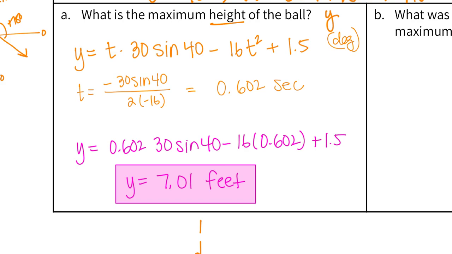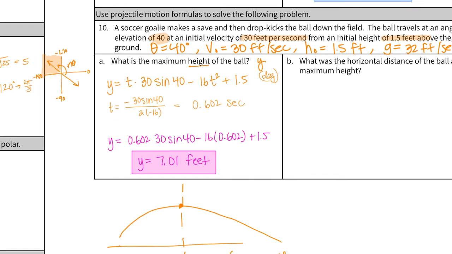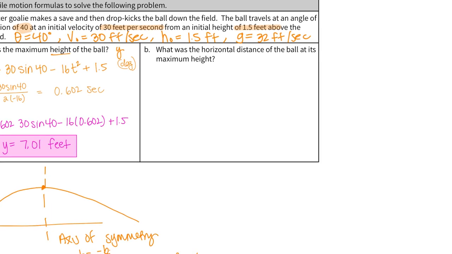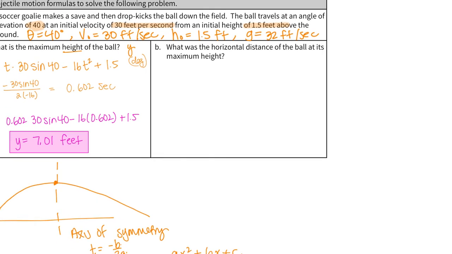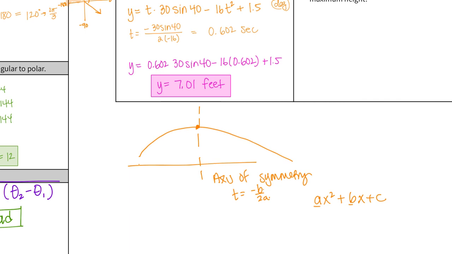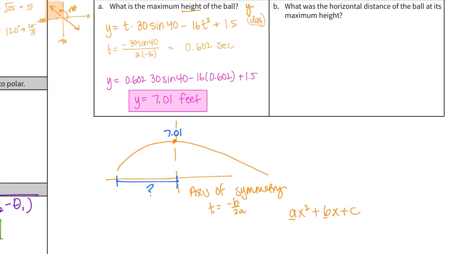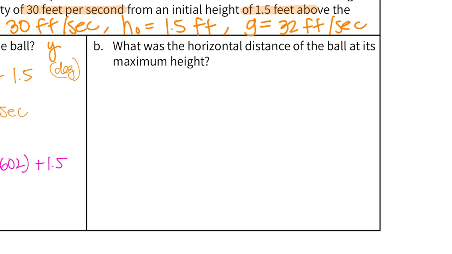Okay, so now the next question. What is the horizontal distance of the ball at its maximum height? So we know that this is a max height of 7.01 feet. They want to know this part. How far did it travel this way? So that's going to be our x equation. Again, this is in your notes. To find this equation, it's just t times velocity cosine of the angle.